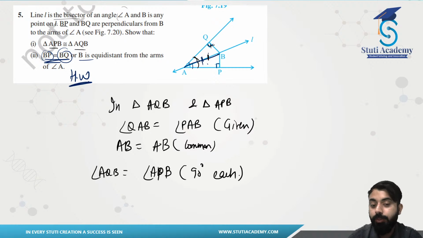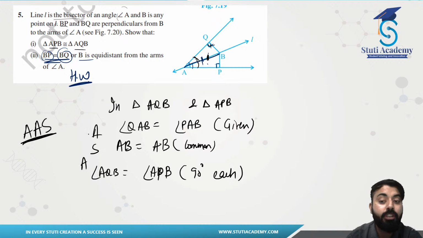You remember there is a congruency criterion, angle side, and that is what we are using here. Don't get confused: this is not angle side angle. This is angle side, because the side is not the one sharing both of the angles.